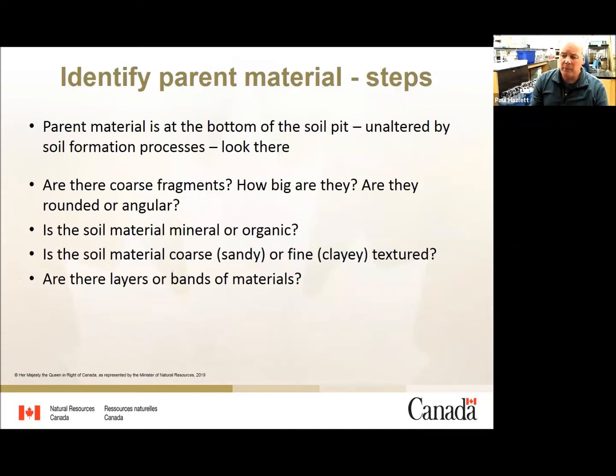But over time, as an example again, over the last 10,000 years, the soil forming factors have changed that parent material. And what that means is that the surface of the soil has been changed. If we dig far enough to the bottom of the soil pit, we can find the parent material unaltered from those soil formation processes. So if we're going to identify the parent material, the first thing we have to do is look at the bottom of the soil pit, because that's the area of the pit that's unaltered by those soil formation processes.